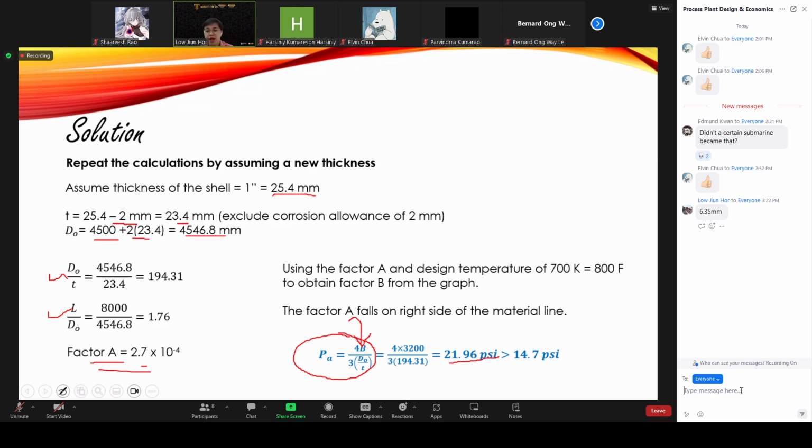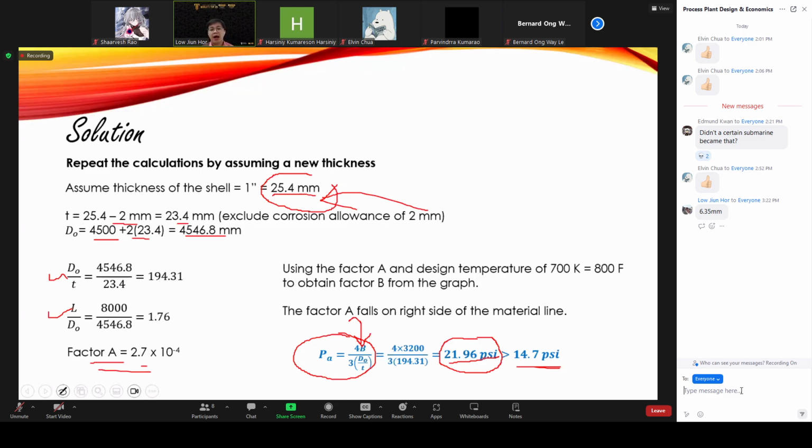And this time, the maximum pressure that can be withstood by the pressure vessel is bigger than 1 atm. So meaning that if the thickness here is utilized, it is strong enough to withstand the external pressure given in this question.